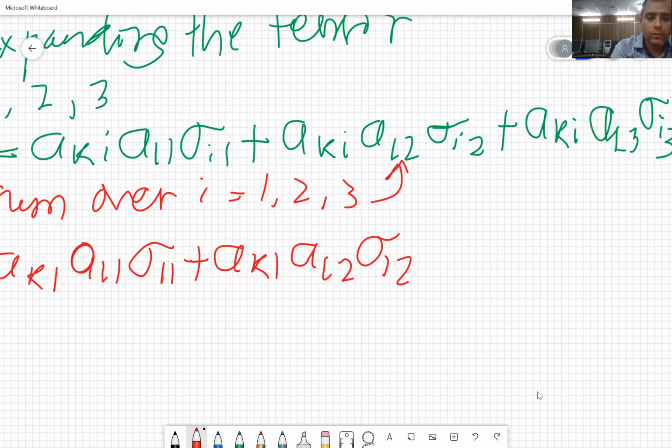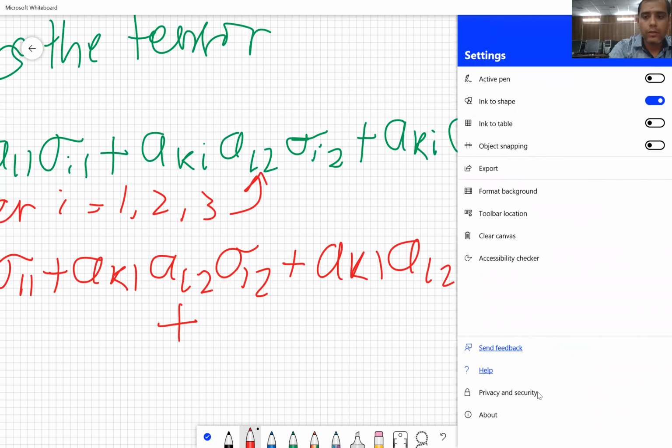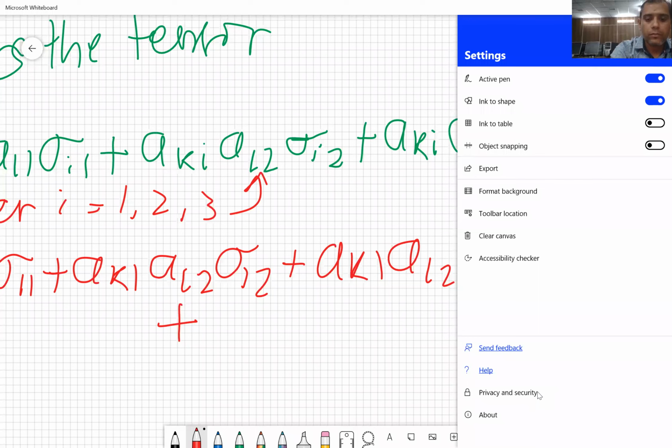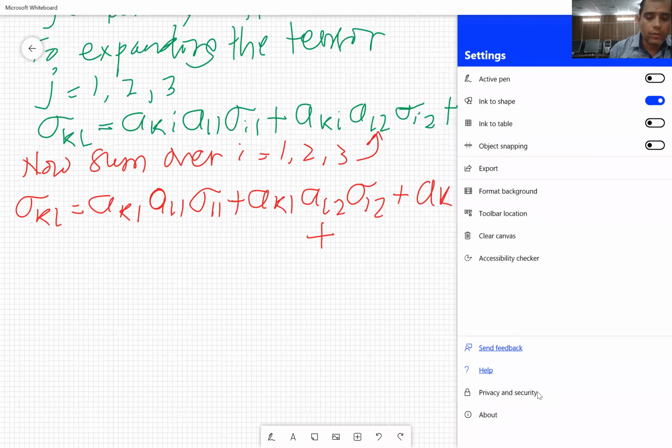See here, A K1, A L2 sigma 1, 3. Similarly, I'm writing here. I'm making it small for visibility, so just zooming out.